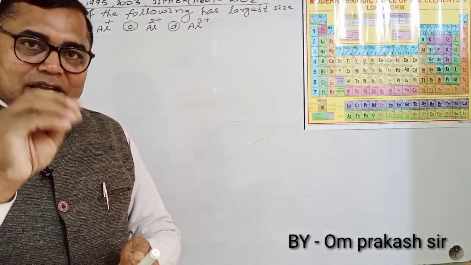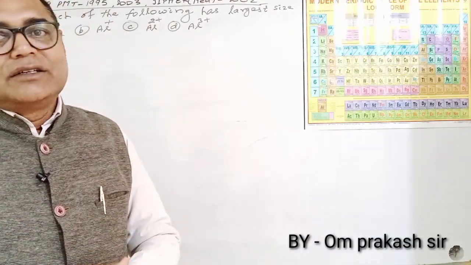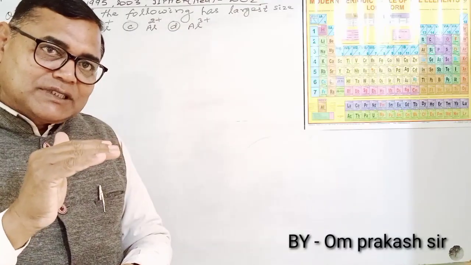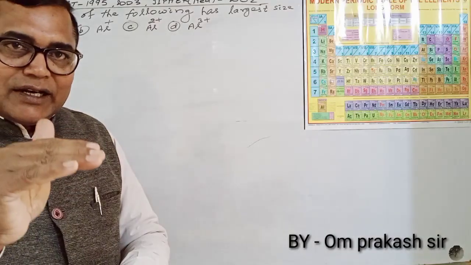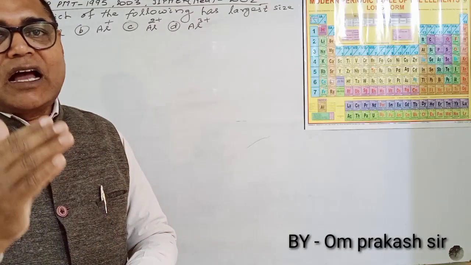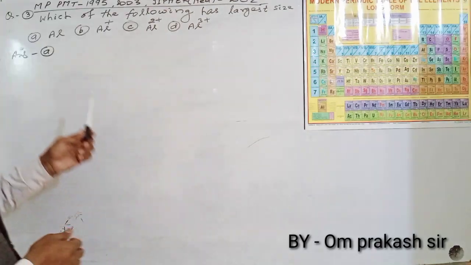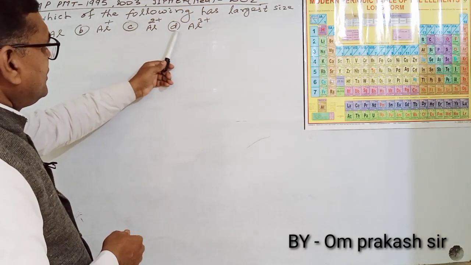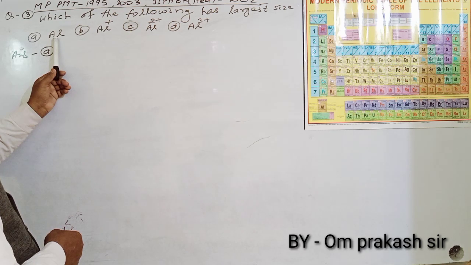Now we explain, in cationic species, as positive charge increases, ionic radius and size of cation decrease. In case of aluminium and aluminium ions, aluminium atom has no positive charge.